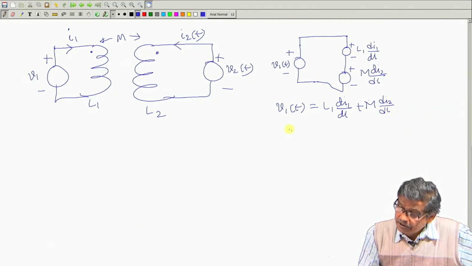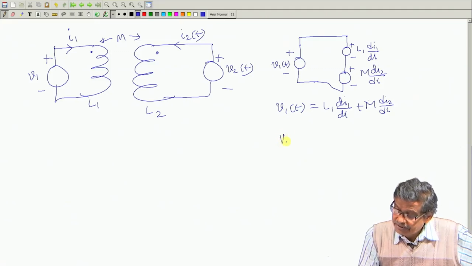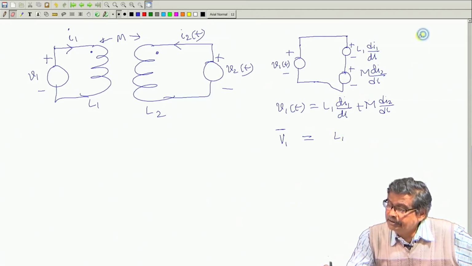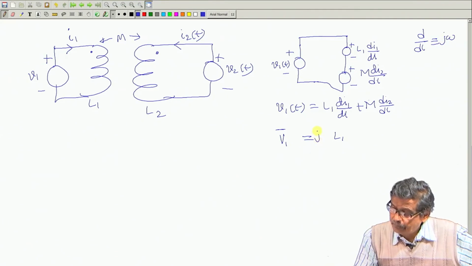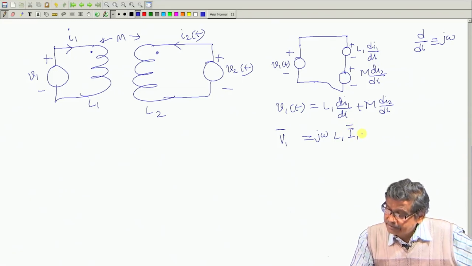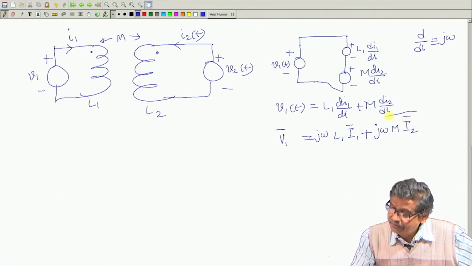Therefore, the corresponding phasor relationship will be V 1 phasor equal to L 1 with d dt replaced by j omega, so j omega L 1 into current phasor I 1, plus j omega m into current phasor I 2. That is what I want to tell you.